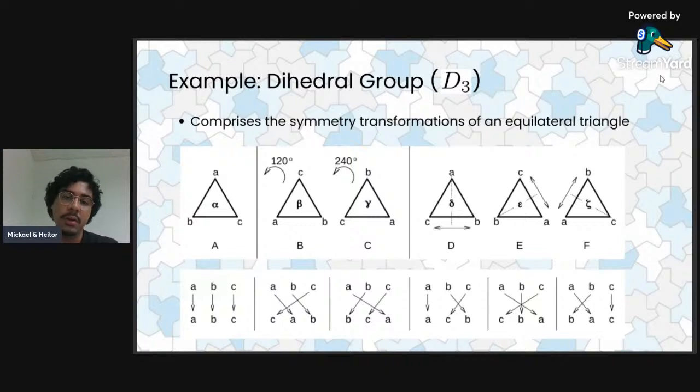I have the vertical one that's illustrated in the orientation delta. When I perform the reflection, the point A stays in the same place, and I change B with C.